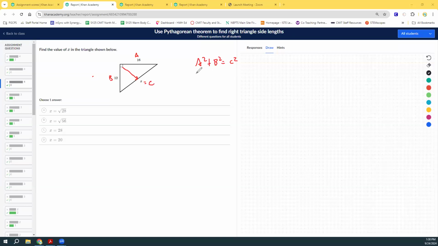So now we're going to substitute 16 squared, 12 squared, x squared. And I know this is 196, 144. Add these together, so that's going to be, I don't know. These numbers are too large for me in my head. Oh, 340.